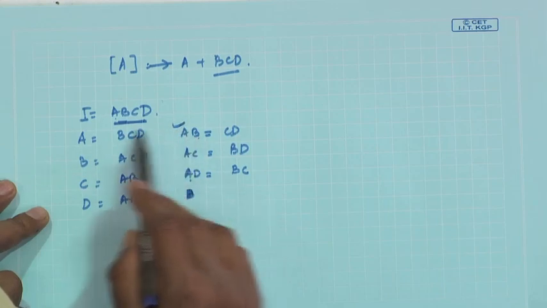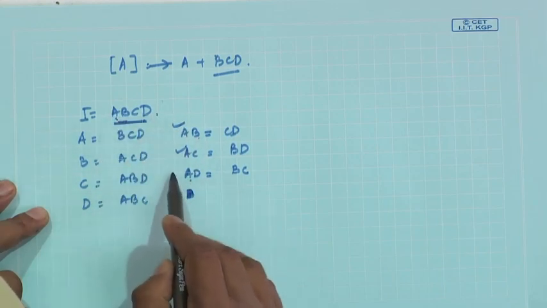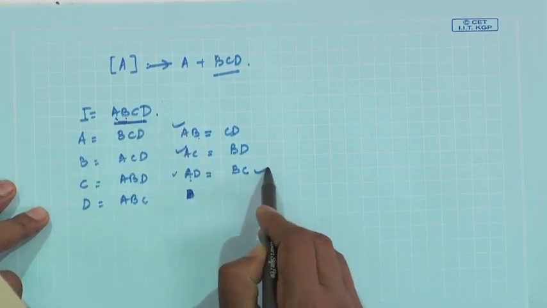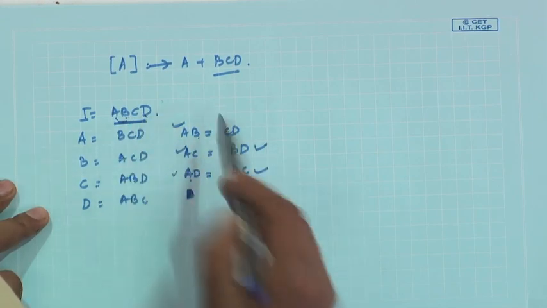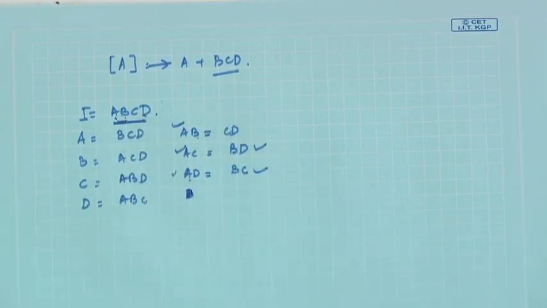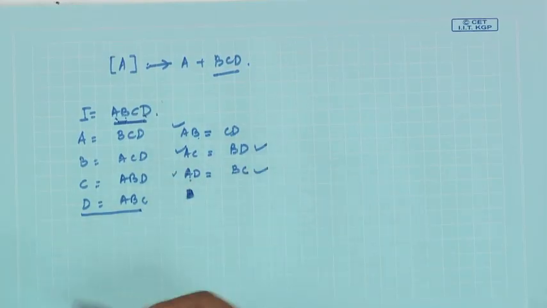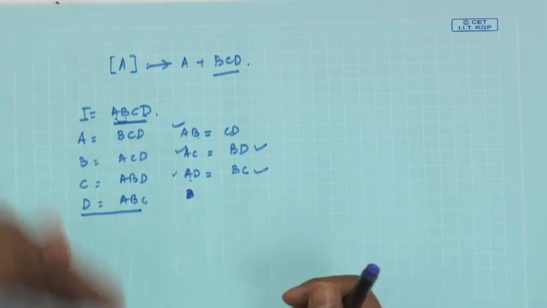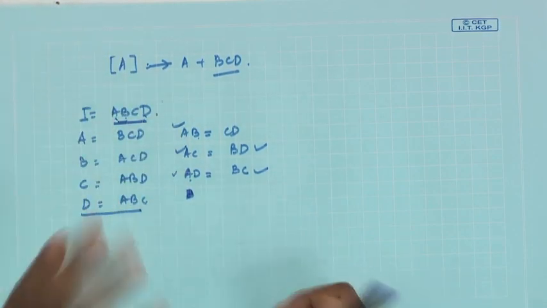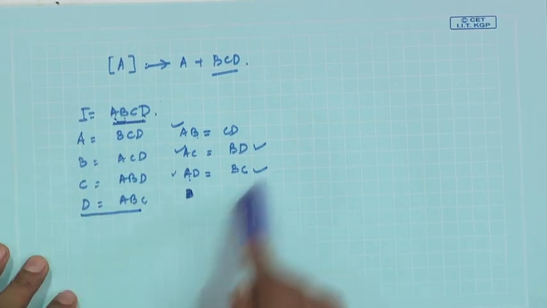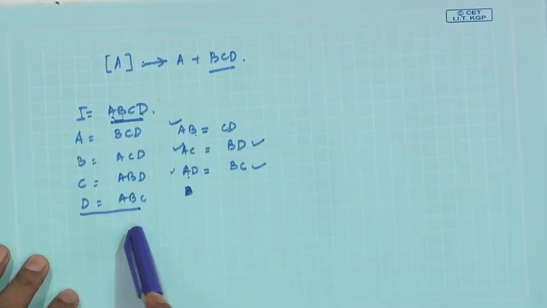AB over, AC over, AD over, BC already done, BD done, CD done. Now, if you multiply this with ABC, you will get D. So, that means multiplying one or other factors, you will get another factor. This is the aliasing structure. So, fine.